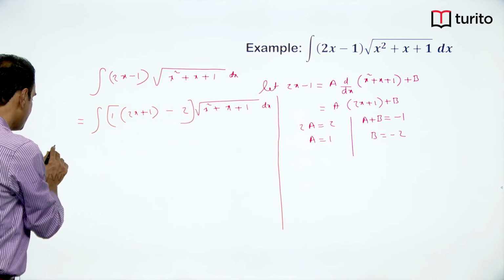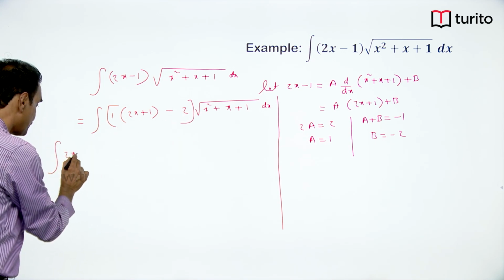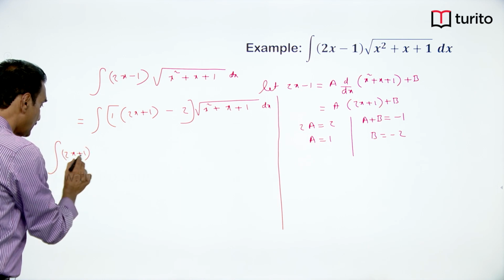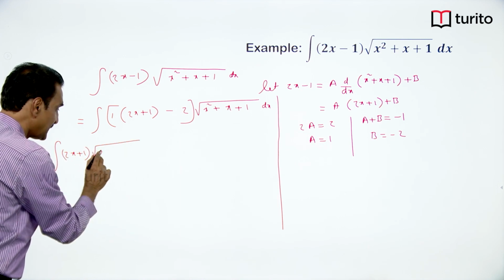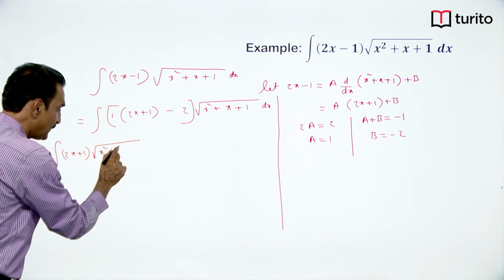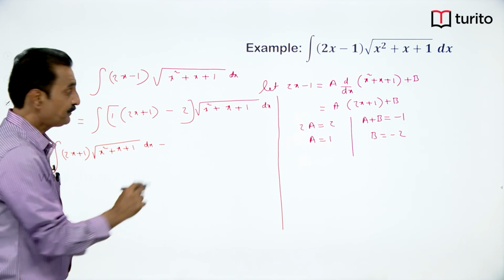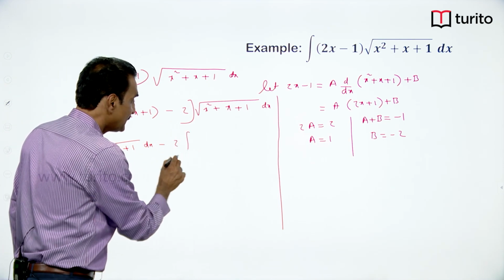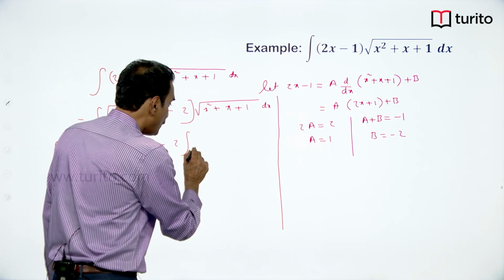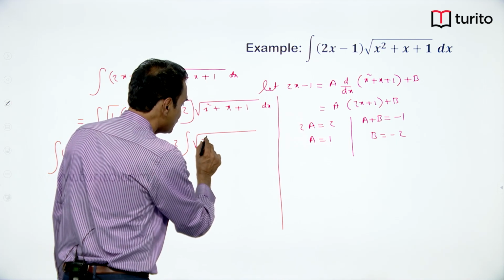Integral of 2x plus 1 into root over x square plus x plus 1 dx minus 2 into integral root over x square plus x plus 1.